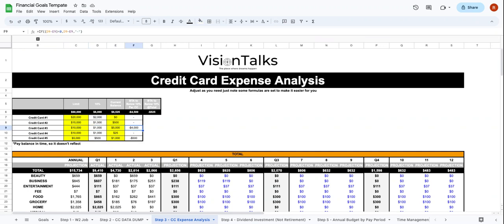So for this card, I need to pay off $4,000. This next one, there's nothing. And then here again, another scenario. You have $5,000 you need to shave off to get to 10% for that particular card.